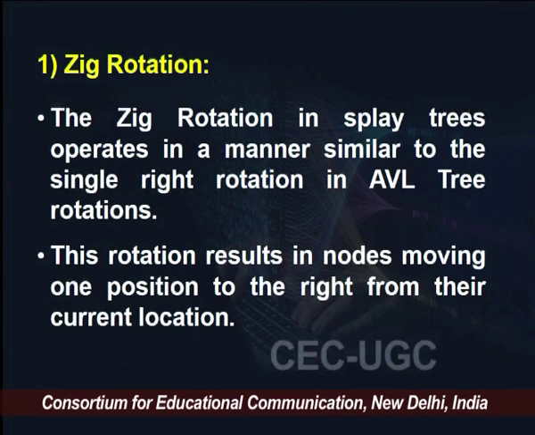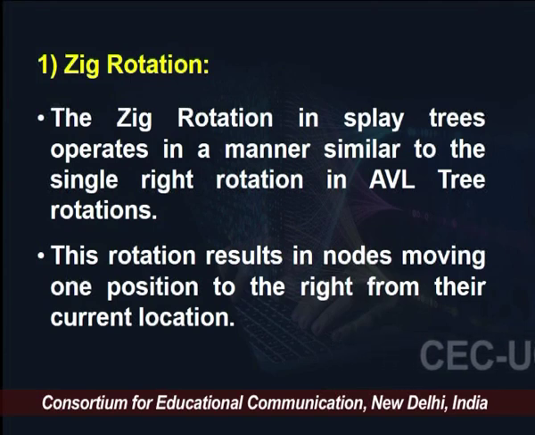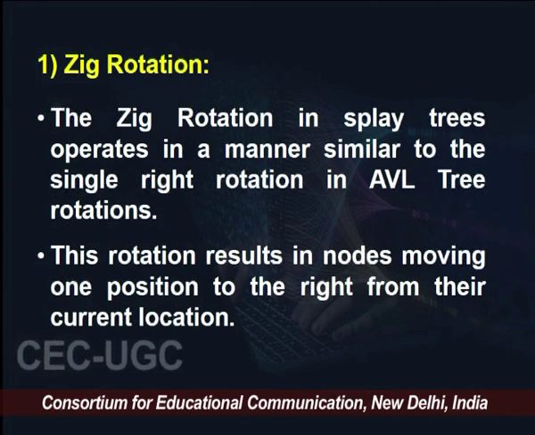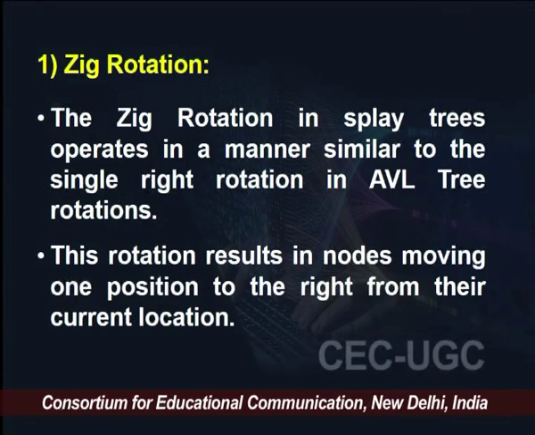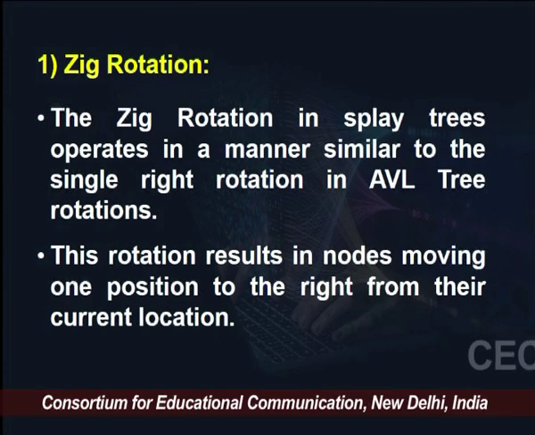This rotation results in nodes moving one position to the right from their current location. And the term I was talking about, zig-zag rotation, I will be covering in a moment. So first let us look at the example of this zig rotation.